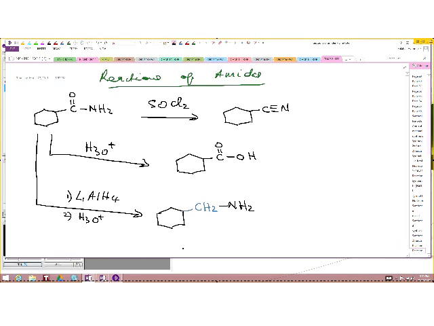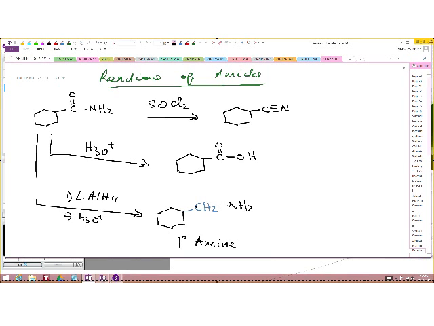In this case, we get a primary amine. Keep in mind, amine is different from amide. So what does the lithium aluminum hydride do? It takes the carbonyl of an amide and transforms it to a CH2. So these are the three reactions of amide that I want to give you for now.